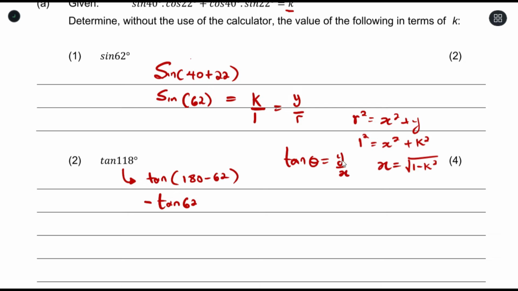Now you have y, which is k, and we just figured out what x is, which is the root of 1 minus k squared. With this, we can now say what tan 62 is, because it's also going to give us y over x, right? So in that case, it will be k over the root of 1 minus k squared. And that will be your answer.